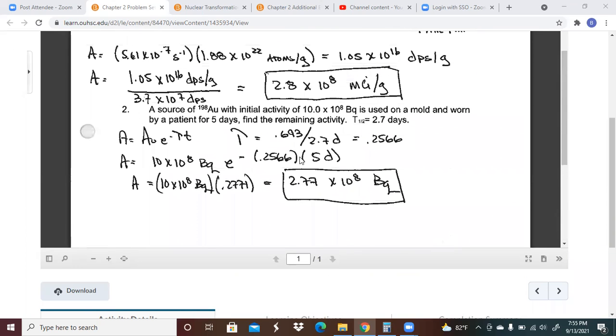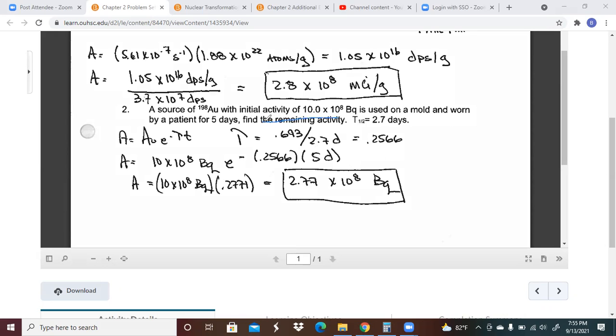I think I would word this question a little bit differently. I wouldn't say find the remaining activity, because the way that presents itself, I think that tends to indicate that there's some sort of activity remaining after this.